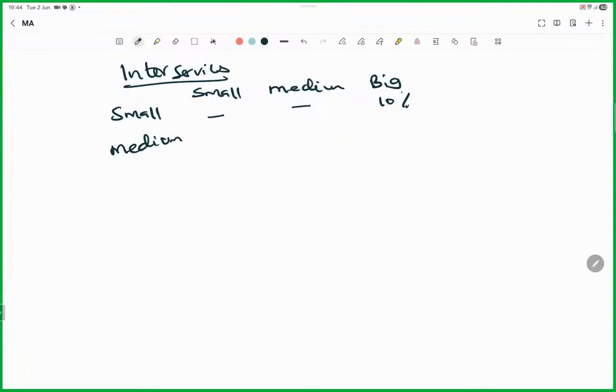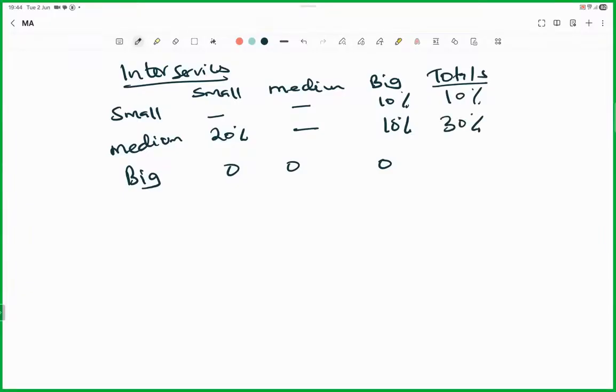Medium, what do we have there, ladies and gentlemen? 20% medium, 0, 10%. How about big? 0, 0, 0. So please give me the totals here. Small serving the other service departments is 10%. Medium serving other departments is 30%.